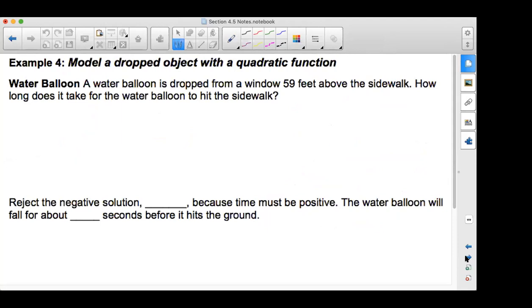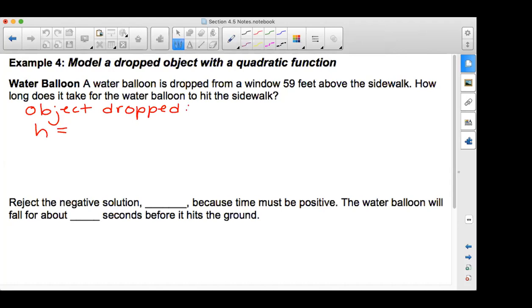So for an object dropped, this is the quadratic that represents that.